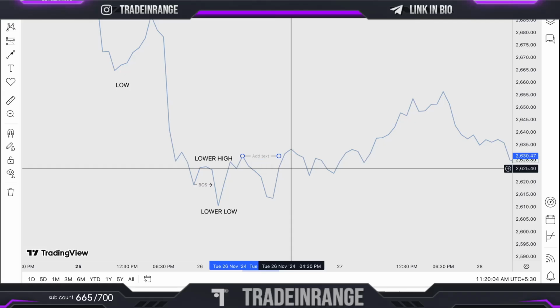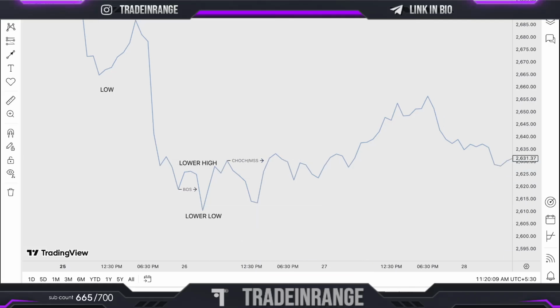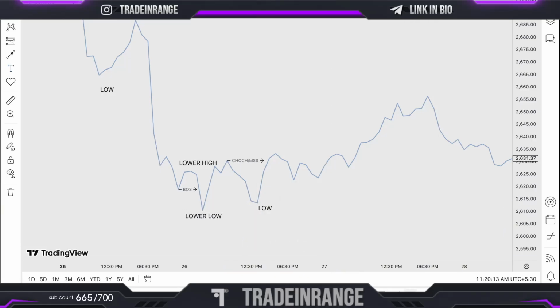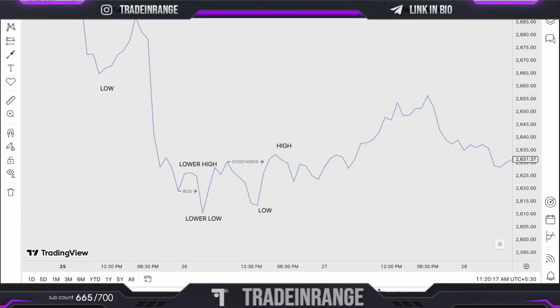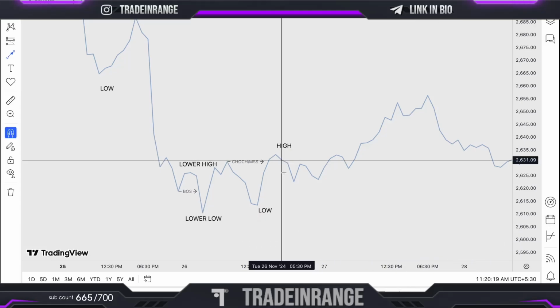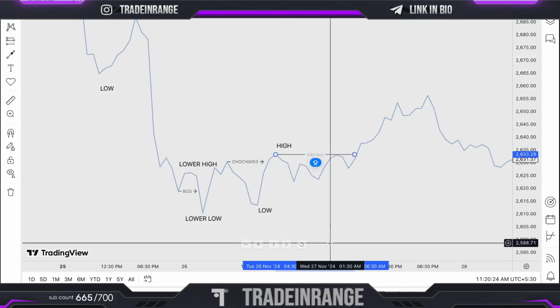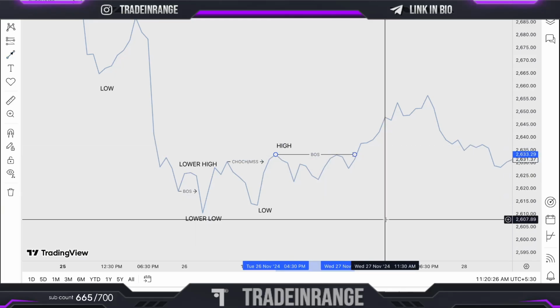After the change of character or the MSS, we will mark a low, high. So the high gets swept over here, right? High is getting swept. We have a bullish breakout structure.